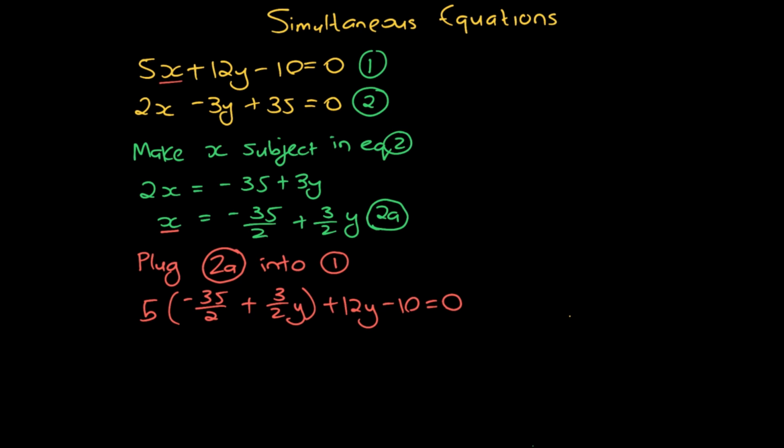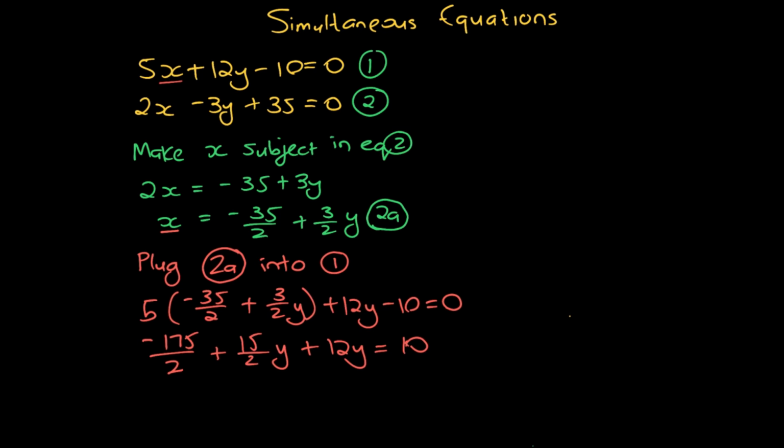We're then going to say 5 times minus 35, which gives me minus 175 over 2, plus 15 over 2 y, plus 12y, and I'm actually going to say equals 10.